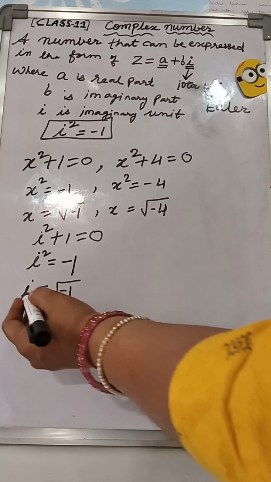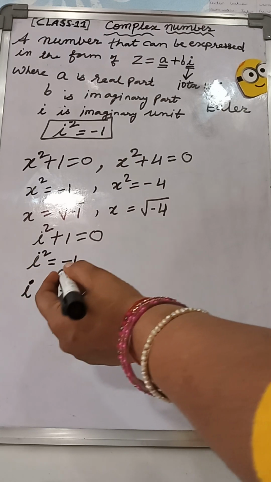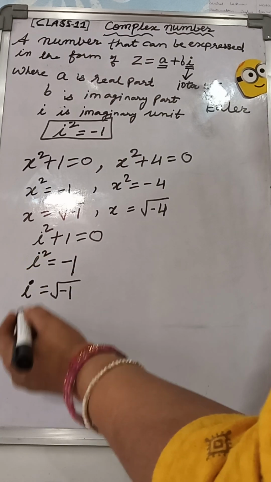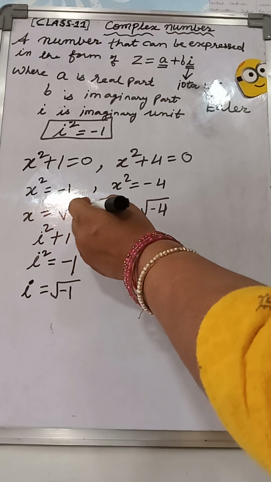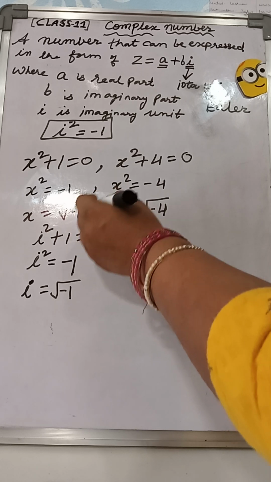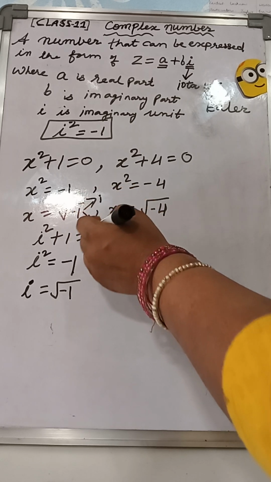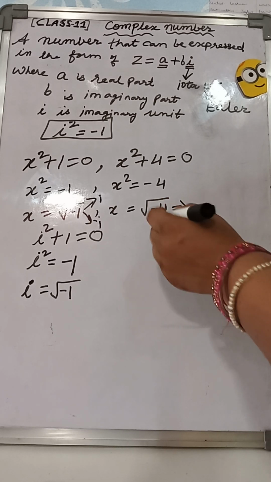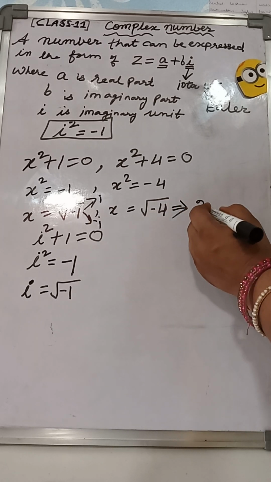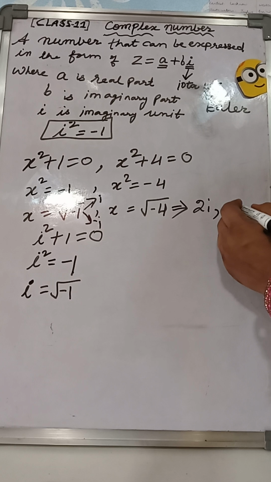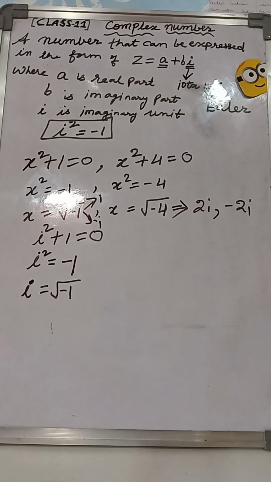In place of negative square root, they use iota. For example, the solution of this equation is iota and minus iota. And here the solution of this equation is 2 iota positive and minus 2 iota negative.